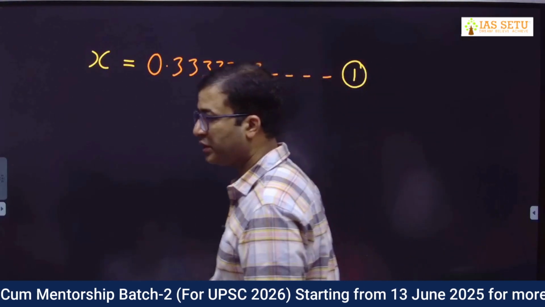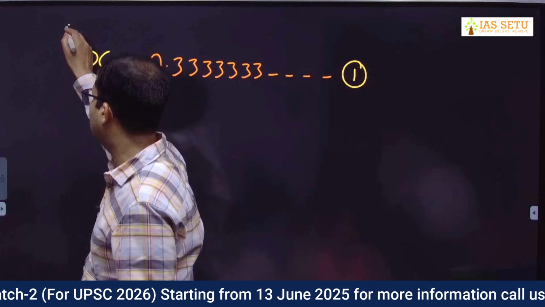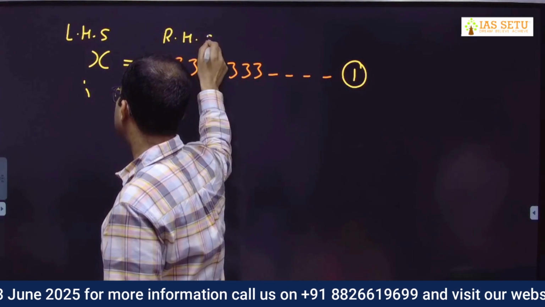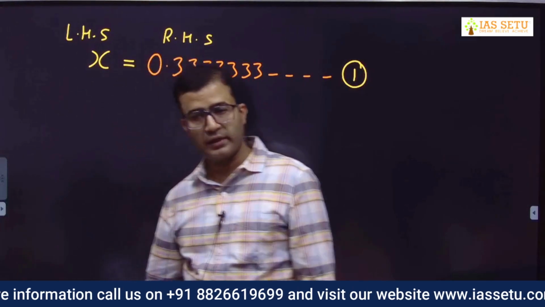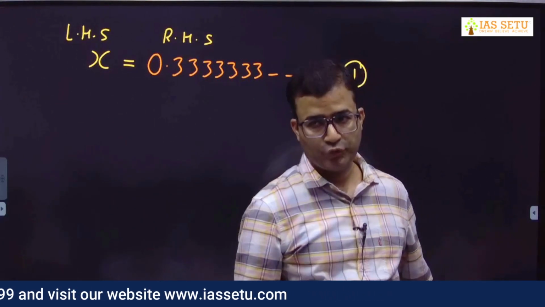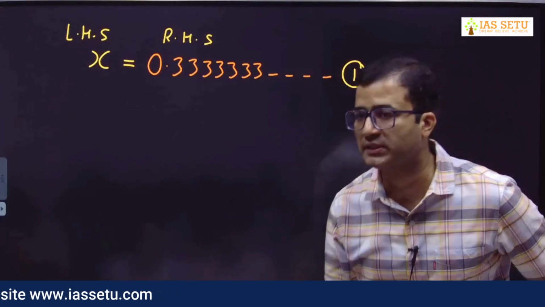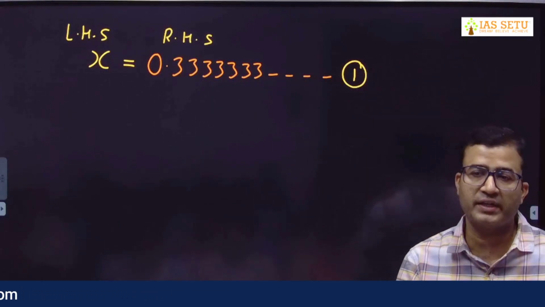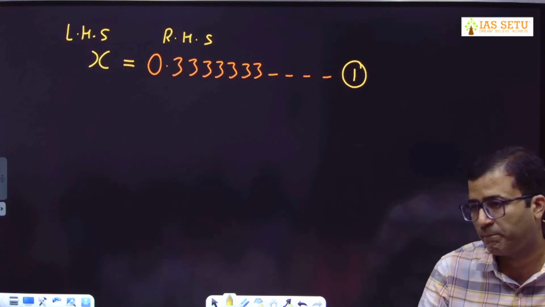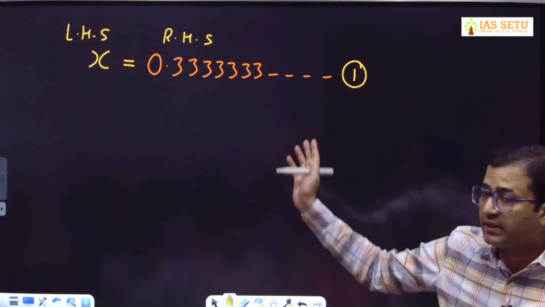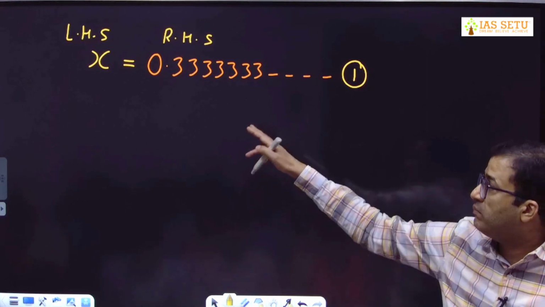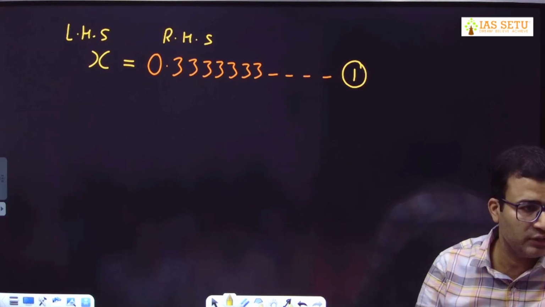I think all of you know that in an equation we have two sides. This is called the left hand side, and this is called the right hand side. When you read that topic in your NCERT, simple equation in one variable, I briefed you about some rules. The rule is you can multiply both sides by the same value.